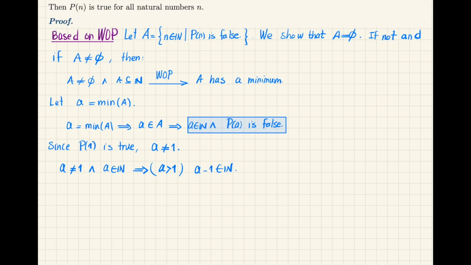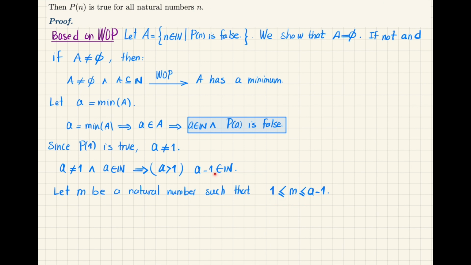Okay, now let M be a natural number such that 1 is less than or equal to M is less than or equal to a minus 1. So first of all, this interval of natural numbers is not empty, yes?